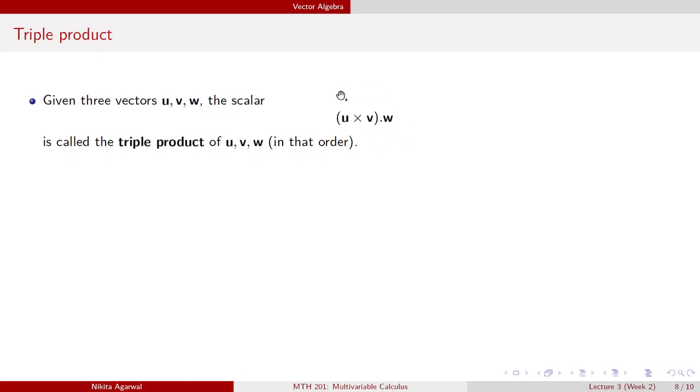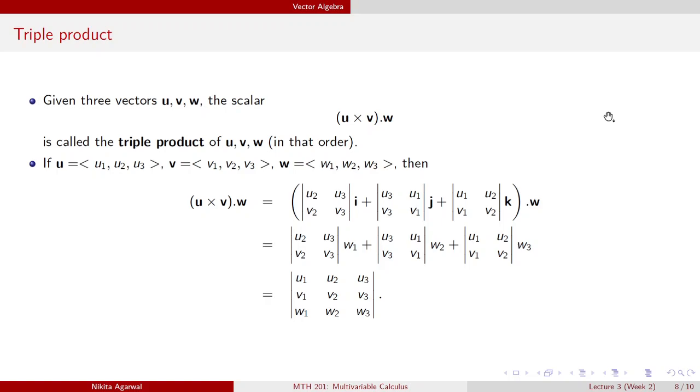So what you get eventually is a scalar. This quantity is called the triple product of these three vectors in that order. So ordering again is important here.